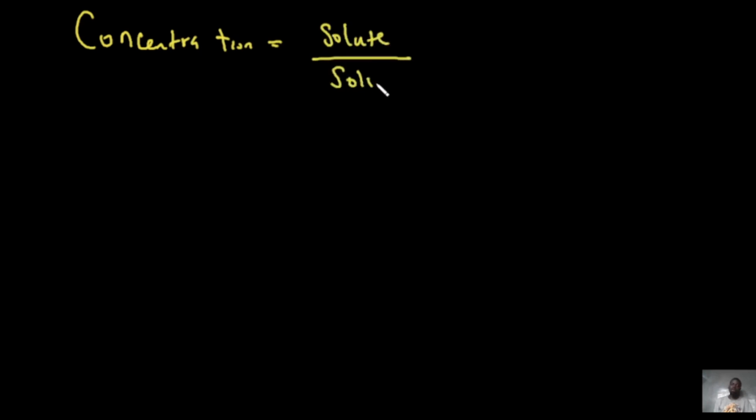The first thing that you should take note of is the term concentration. So whenever I say concentration, generally speaking, concentration is simply defined as the amount of solute divided by the amount of solvent. So generally, it's more or less the amount of solute found in a given amount of solvent.